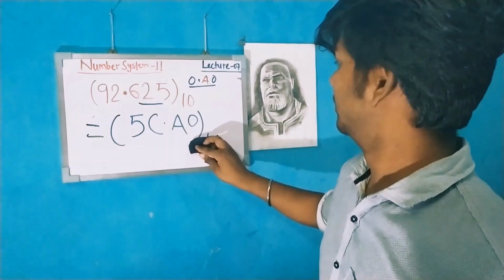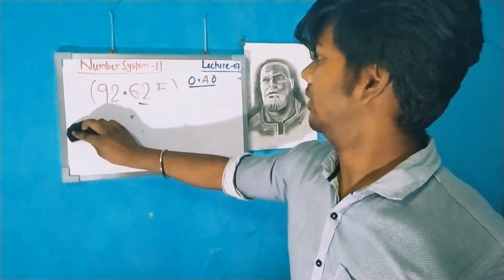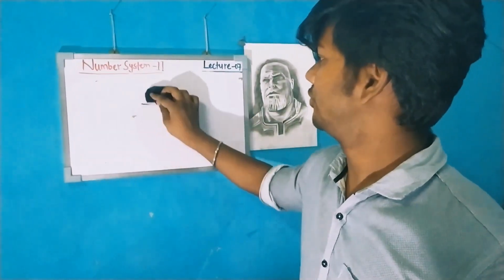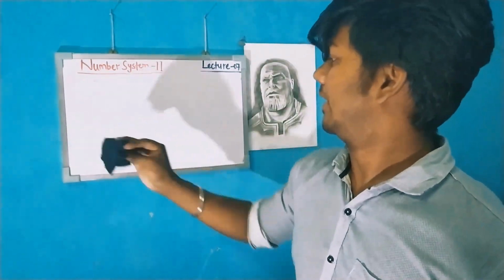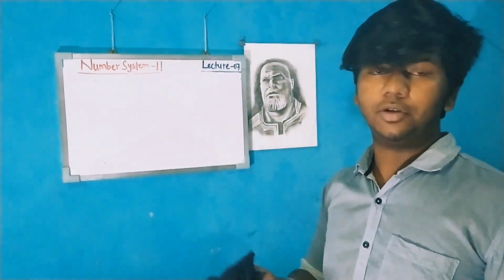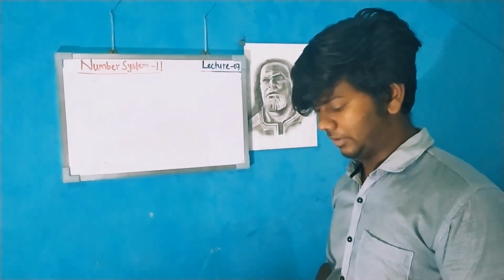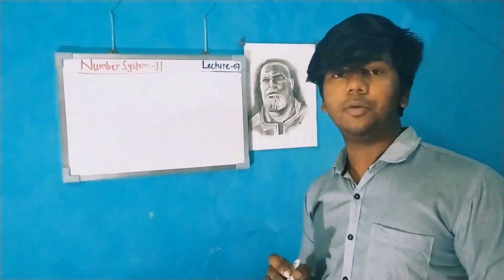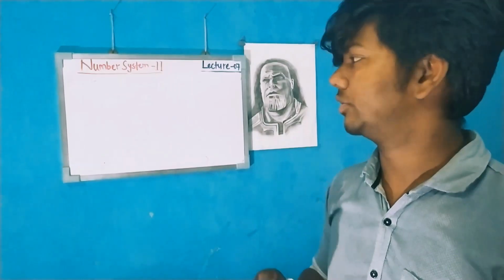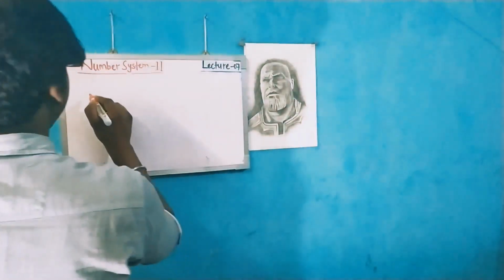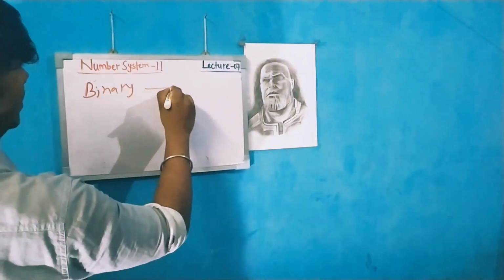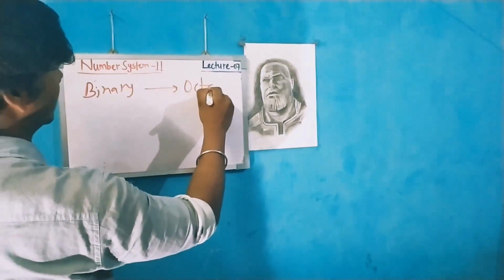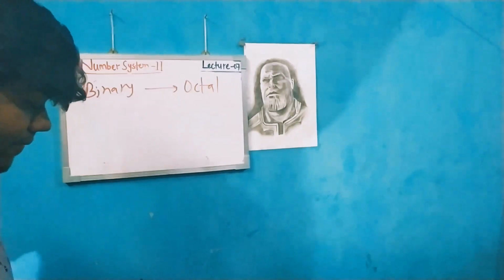Now you have learned how to convert a number from decimal to binary, decimal to octal, and decimal to hexadecimal. Now convert a number from binary to octal. How do you convert a number from binary to octal? It is very easy.